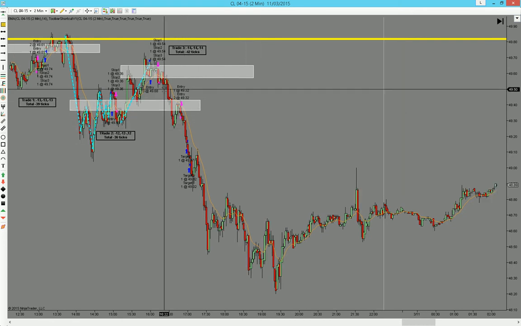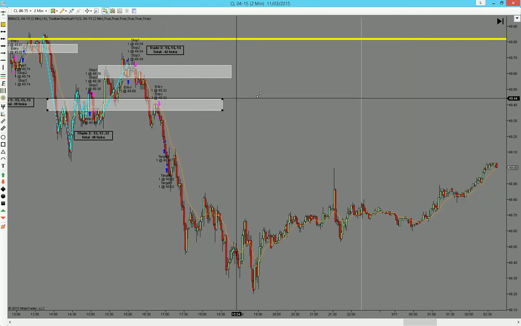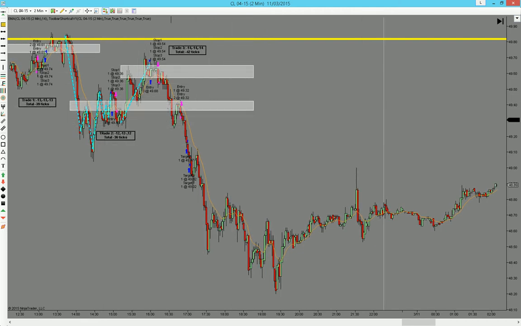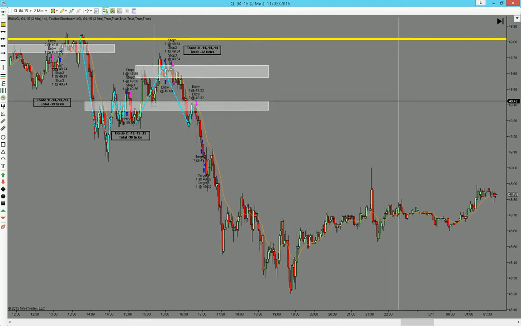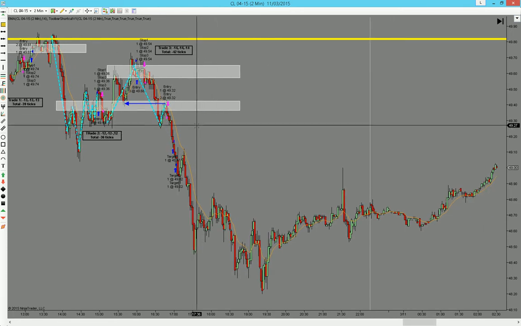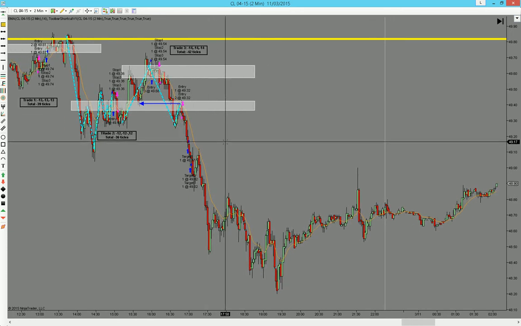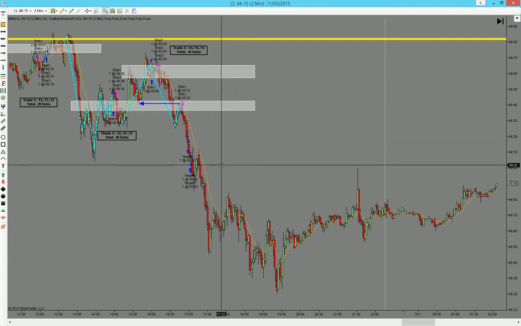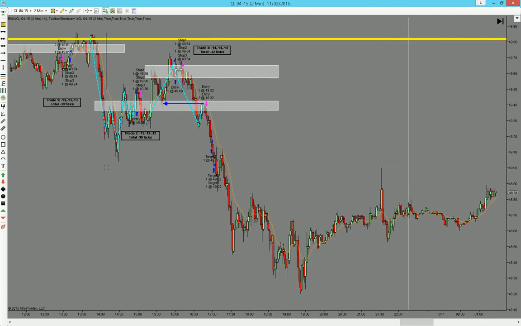Then next setup, price broke the support level down, came exactly back to the level where we wanted it. Gave us the short entry. Took one contract off at 15 ticks, and the next two at 13 ticks.